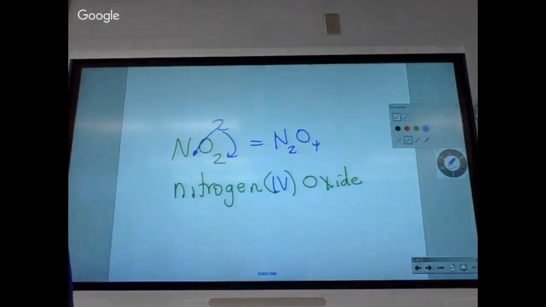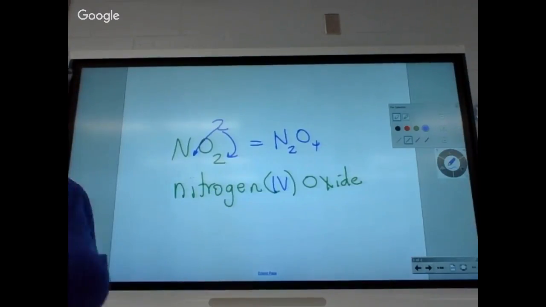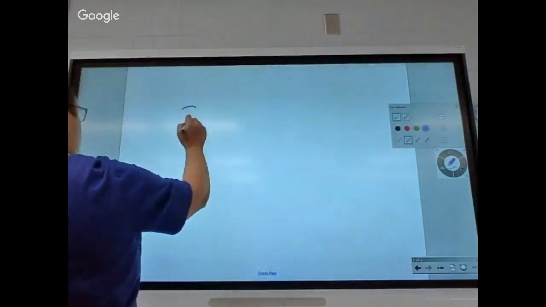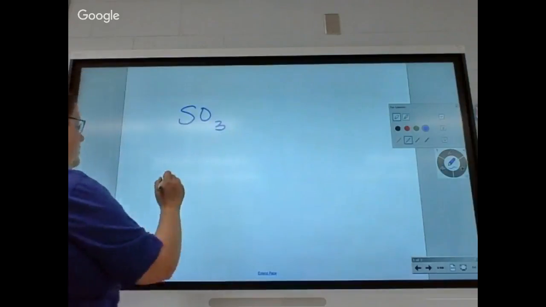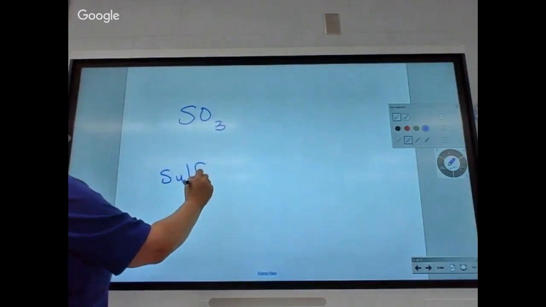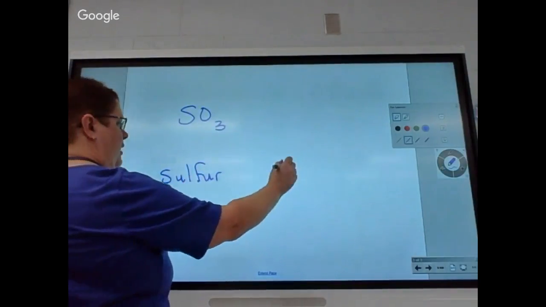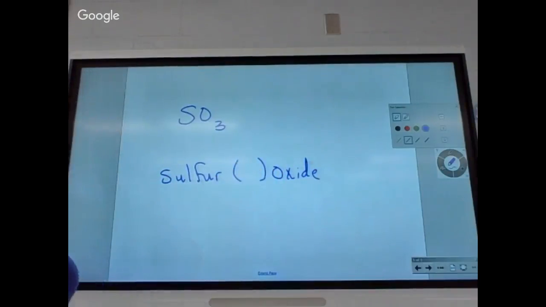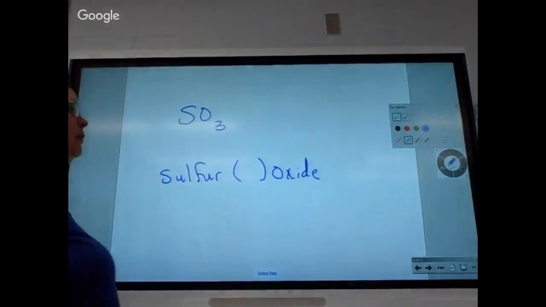Anybody else? Anything out of 1 through 12 that's bothering you? 4? All right. 4 was SO3. So S is sulfur. O is oxide. All right. What oxidation number does O have?